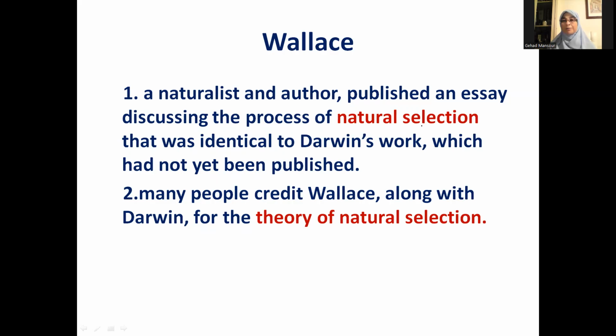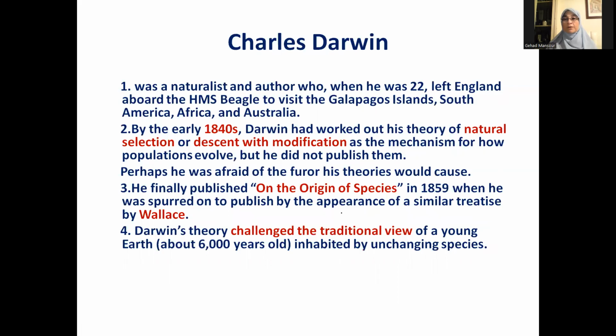No, actually, I'm sorry. Wallace published the essay on natural selection, and it was identical to Darwin's work, and Darwin hadn't yet at the time published his work. But many people credit Wallace along with Darwin for the theory of natural selection, because they both said almost the same thing. Okay? Darwin published his book on natural selection, or descent with modification.